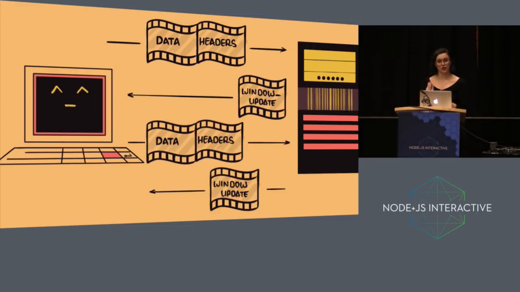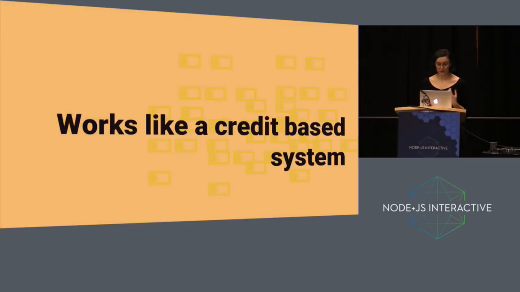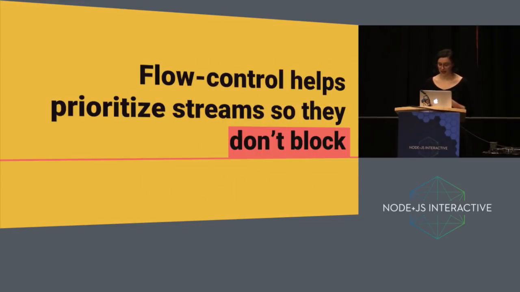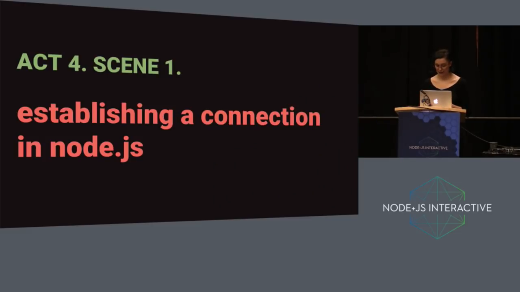So you communicate how much more load you can handle with window update, and control your flow like that. It also helps you prioritize streams so they don't block, and using the weights and the flow control system, you're able to handle it a lot faster and a lot easier.